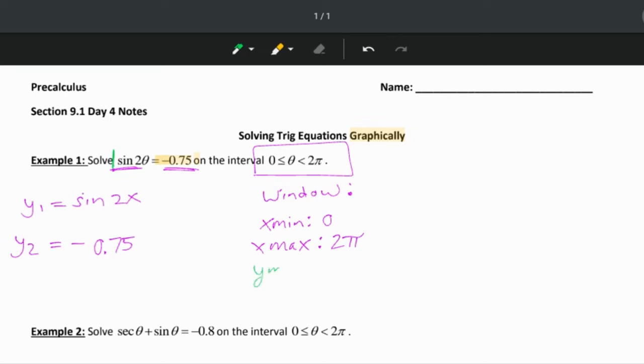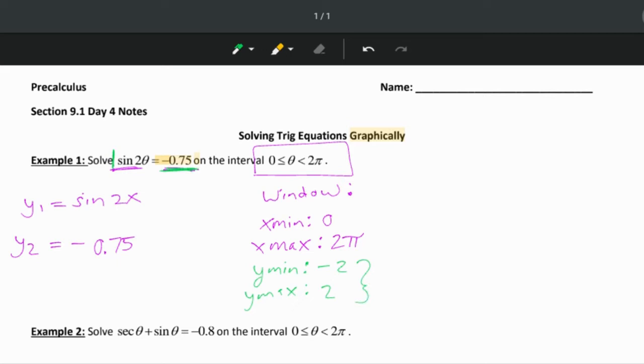So I'd make my y min negative 2, and my y max positive 2. Just so we could see that whole graph, it's stretching from negative 1 to 1. We're going a little bit below and a little bit above that. And then negative 0.75 is just a horizontal line at negative 0.75. That will definitely fall in between this range of numbers, negative 2 to 2. So we're good on that.